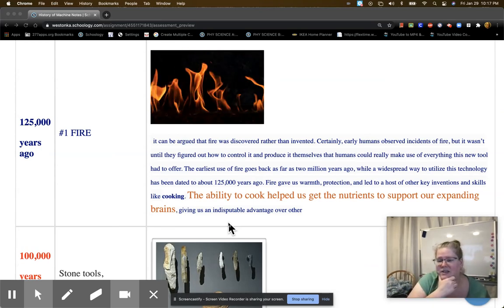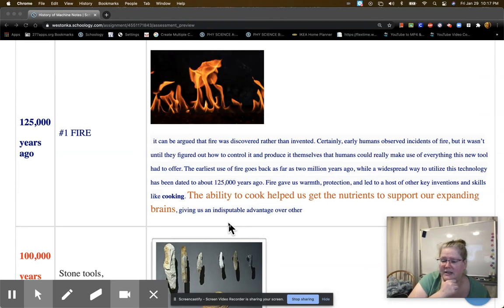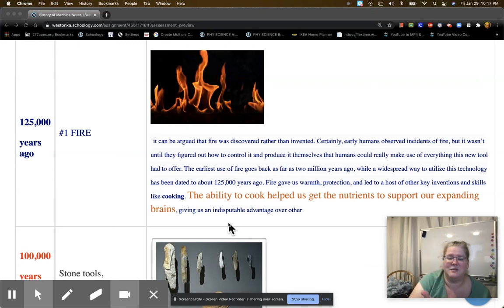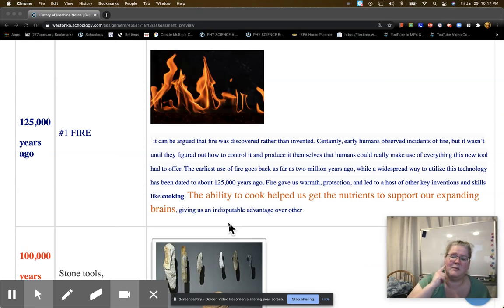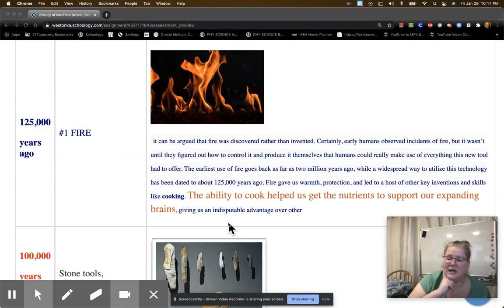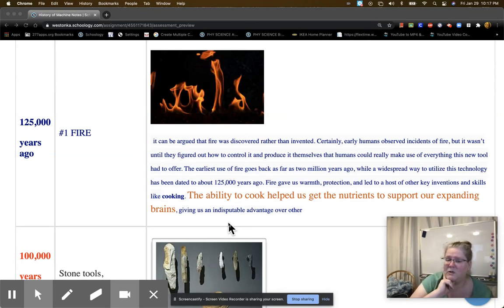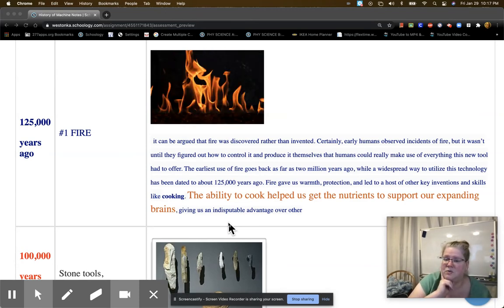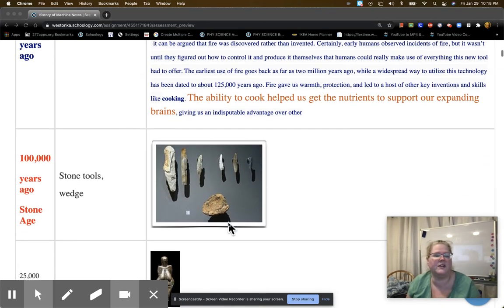And their skulls can't develop as long as ours do before they have to harden and protect their brain. So something like food that is easier to chew allowed the development of this muscle to allow us to have better nutrients, to kill off some things that might be growing in there, to get more nutrients out of it, and allows us to have a bigger brain. Go figure. Thank you, fire.